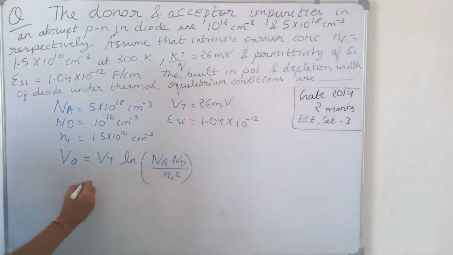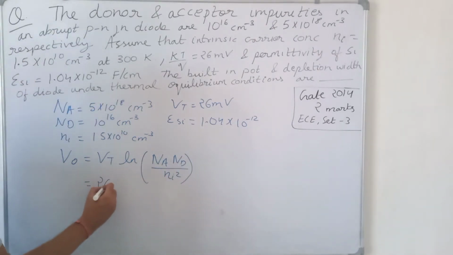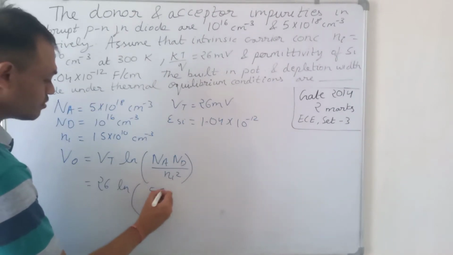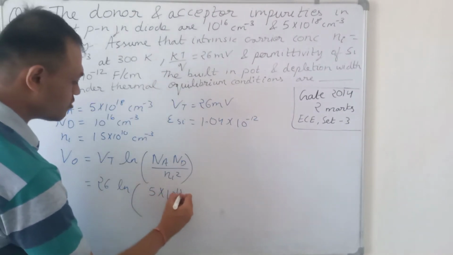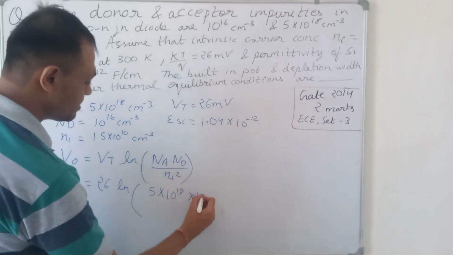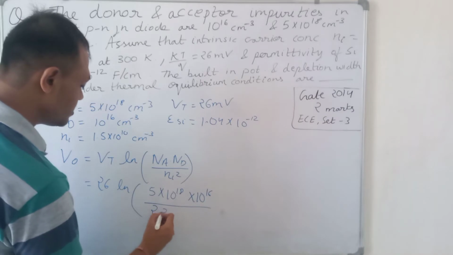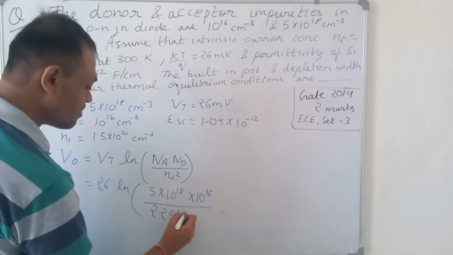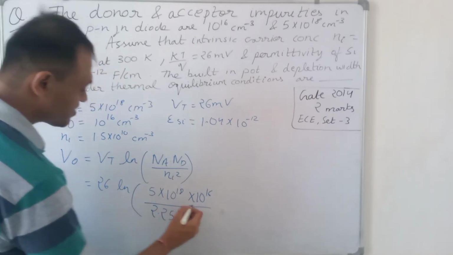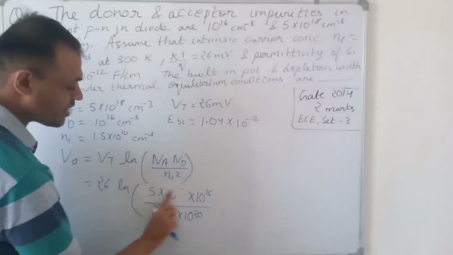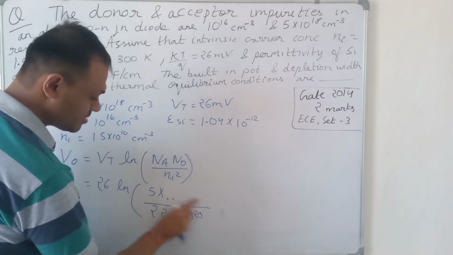So this will be equal to 26 ln of Na, which is 5 into 10 to power 18, into Nd, 10 to power 16, upon Ni whole square. Ni squared is 2.25 into 10 to power 20. So this is 10 to power 18 times 10 to power 16, so 10 to power 34, divided by 10 to power 20. So it will become 10 to power 14.